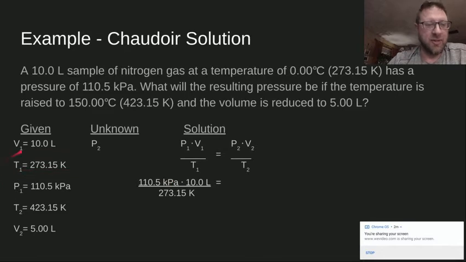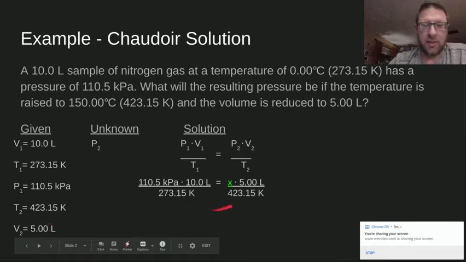The 10.0 liters is going to go in for V1, T1 273.15, and then on the other side of the equation, I put X instead of P2. That's what we'll be solving for. But X times 5.00 liters for V2 divided by 423.15 as our T2. All right, so everything is just kind of plugged in there as is.